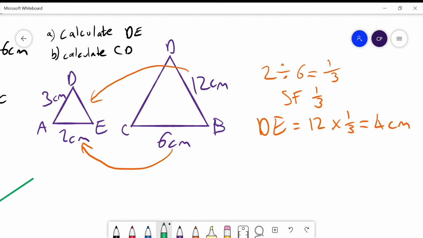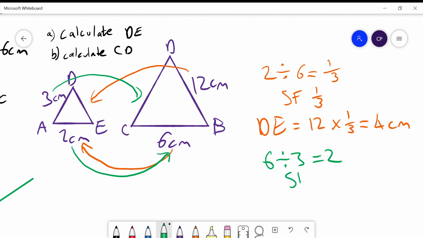Now, if I change colour, we now want to find out what CD is. So I'm actually going to be looking at going in the opposite direction. So I want to be going from the smaller one to the larger one. So from AD to CD, which means this time for my scale factor, I'm actually going to be doing 6 divided by 3, which gets me 2.